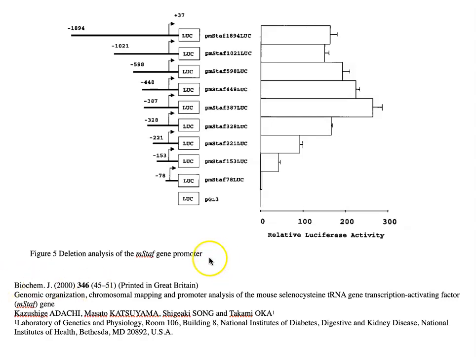We have expression constructs, and now you know what expression constructs are, and these constructs express luciferase. Luciferase has the ability, when excited with a substrate, to produce light. That light can then be detected by a special instrument, and based on the amount of light, we can judge how much luciferase has been expressed.